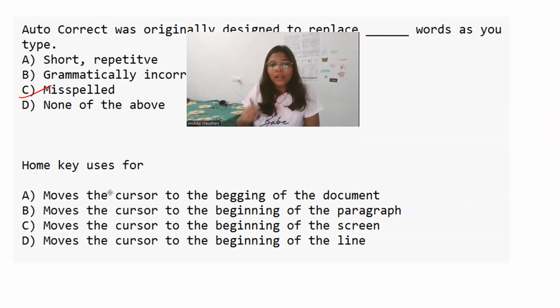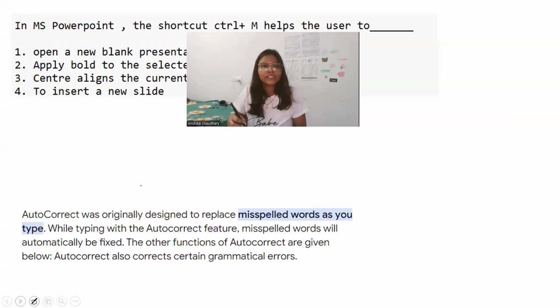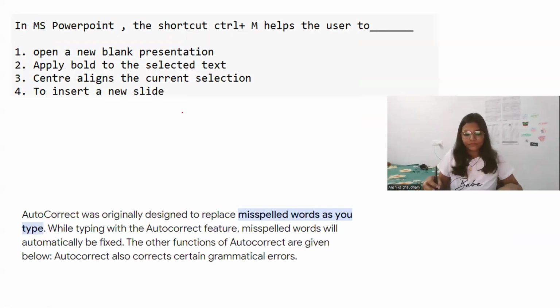The Home key is used to move the cursor to the beginning of the document, the paragraph, the screen, or the line. So the answer for this question will be: moves the cursor to the beginning of the line. Basically, here we are talking about a Word document.